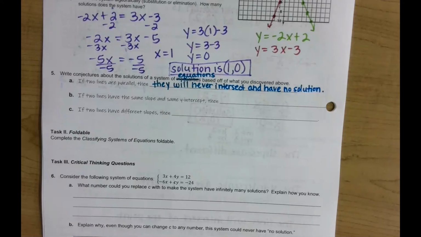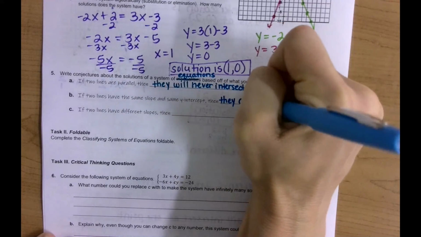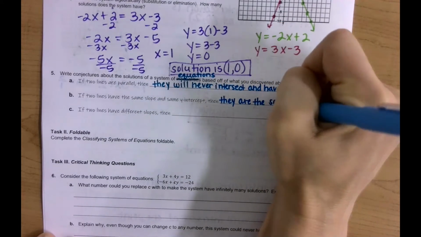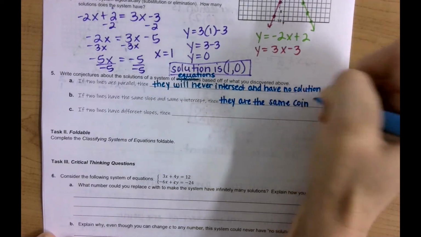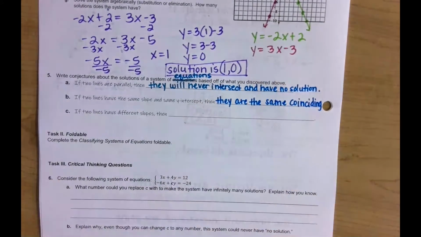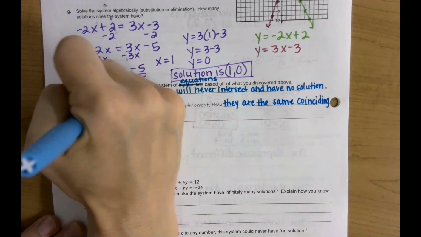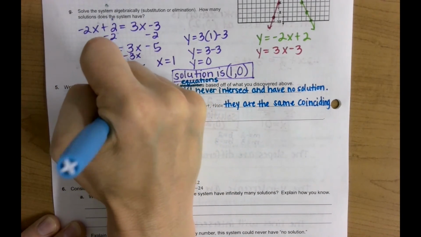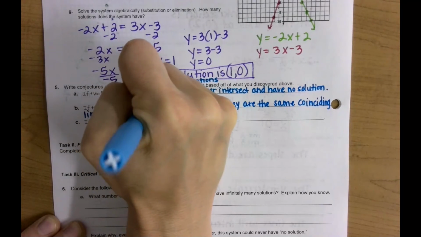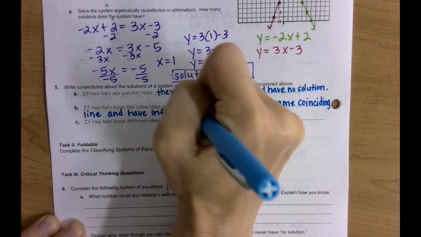If two lines have the same slope and same intercept, then they are the same line, coinciding, we call them. So that's a vocabulary term that you want to be familiar with. If they're the same, they're coinciding lines and have infinite solutions.